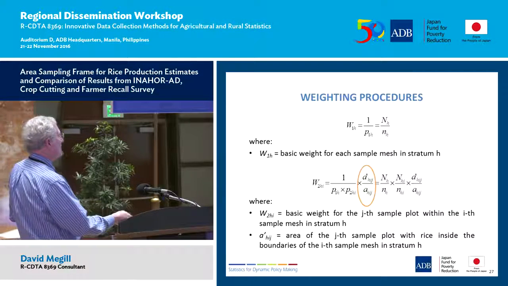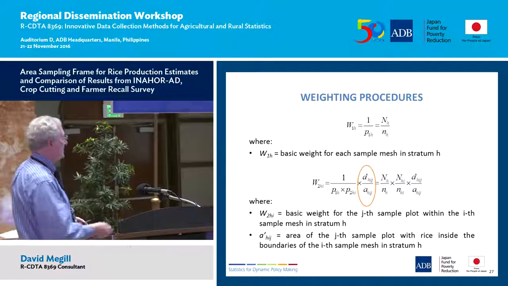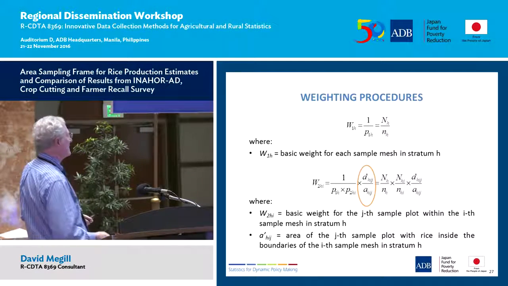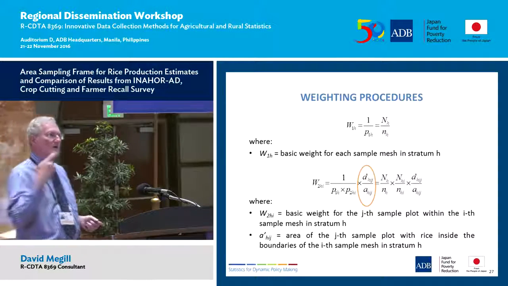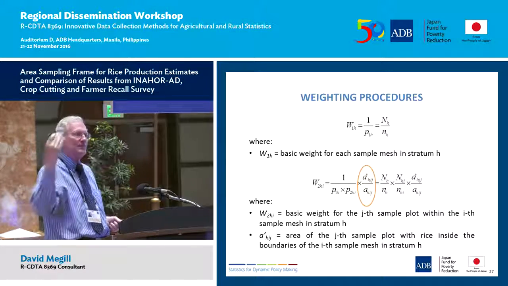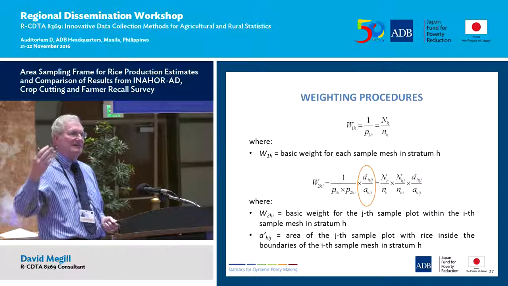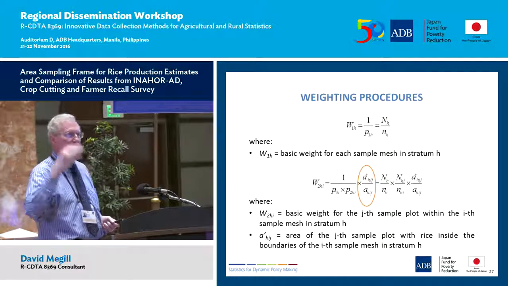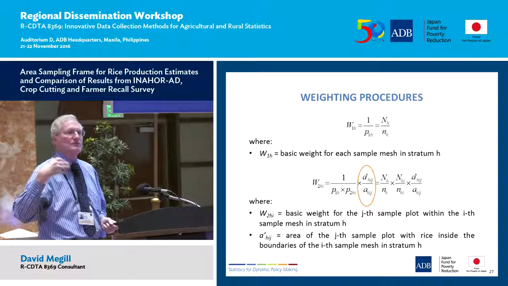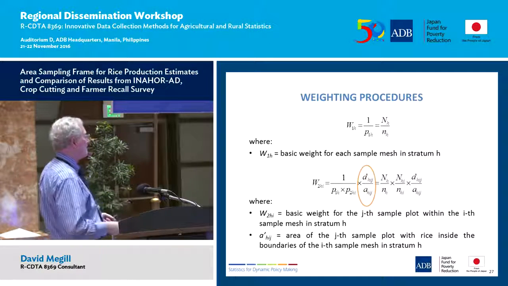Now, then we have to take into account the area inside the mesh. And why is that? In the case where part of a plot is in one mesh and part of it is outside, it means that that plot could be selected in either of the 2 meshes. So it has multiple chances of being selected in any mesh where it is found.